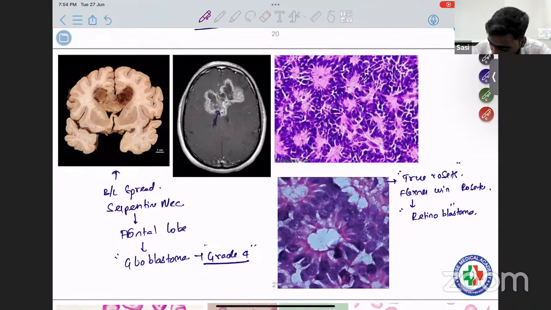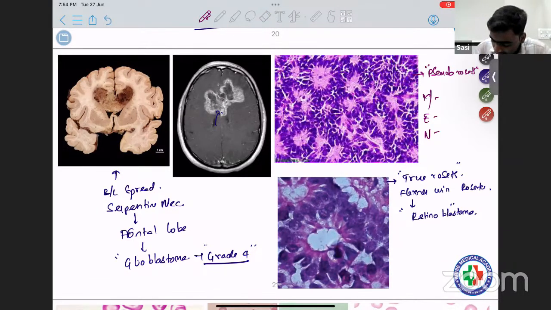Whereas this type of rosettes are known as pseudorosettes. Remember, pseudo means false, people who live for others. Men always live for others. For example, in the heart of a man there will always be a woman, and women like the pink color.